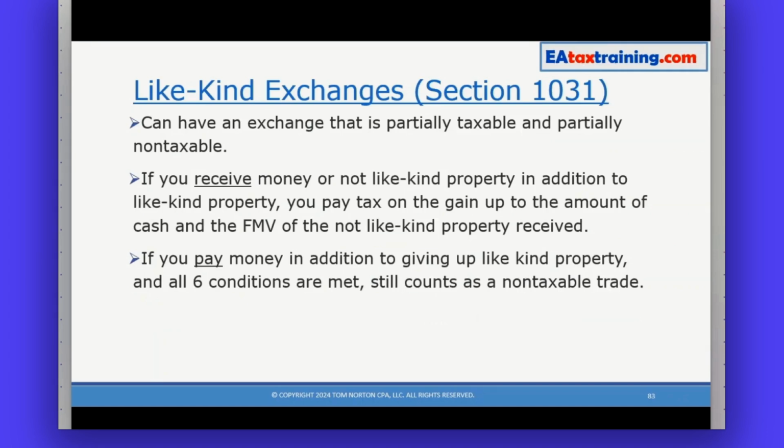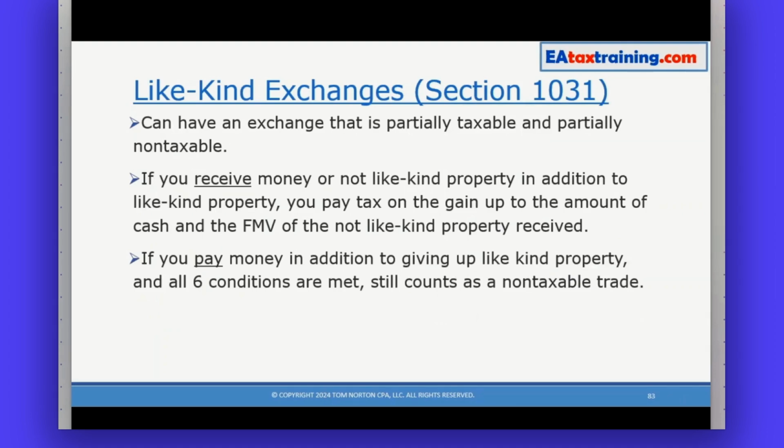It is possible to have an exchange that is partially taxable and partially non-taxable. That could happen if you receive money or not like-kind property in addition to the like-kind property. You will pay tax on the gain up to the amount of the cash and the fair market value of the not like-kind property received.